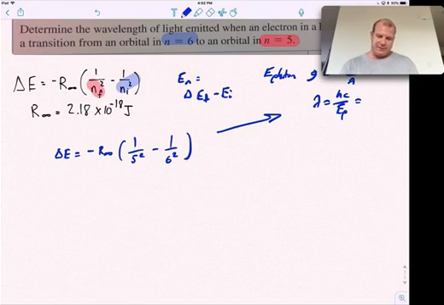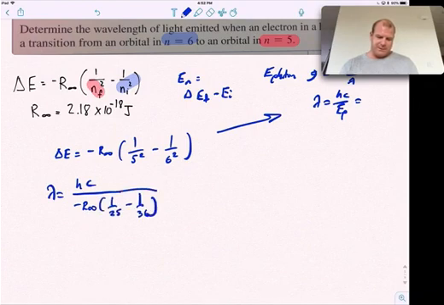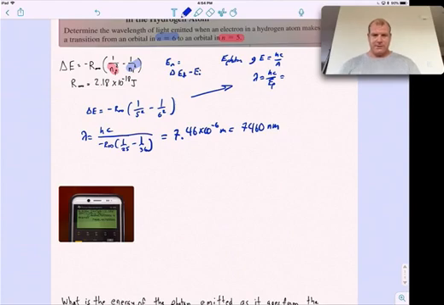So then our wavelength is going to be hc over minus the Rydberg constant, 1 over 25 minus 1 over 36. And we just put that in our calculators, which I will do now. Okay, hopefully I've done the pause correctly and I'm back. If you look at this here, I've solved it and put in the numbers, and we get 7,460 nanometers.